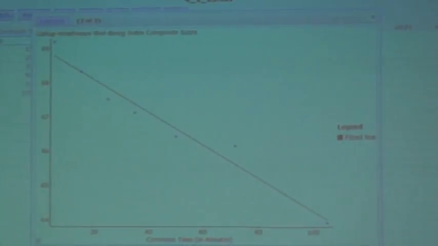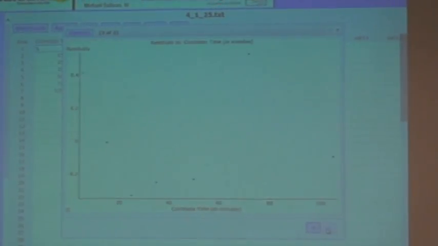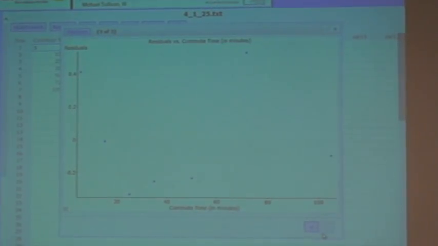If you generated both of those graphs, you click the bottom blue arrows twice, you have your residual plot. Isn't the residual square, I think it's 0.677, right? Was it 667 or 677? 677. Thank you.